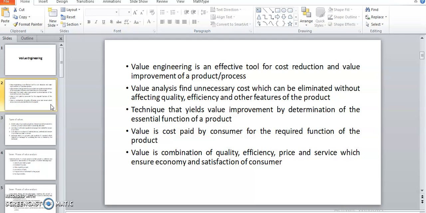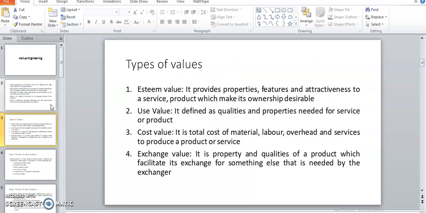We can categorize this value into four types: estimate value, use value, cost value, and exchange value. First, estimate value: the property or feature for which the consumer wants or desires to purchase that particular product.